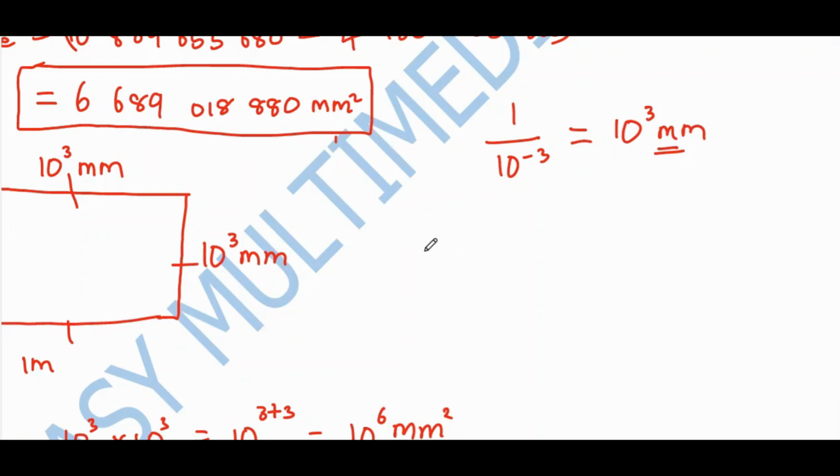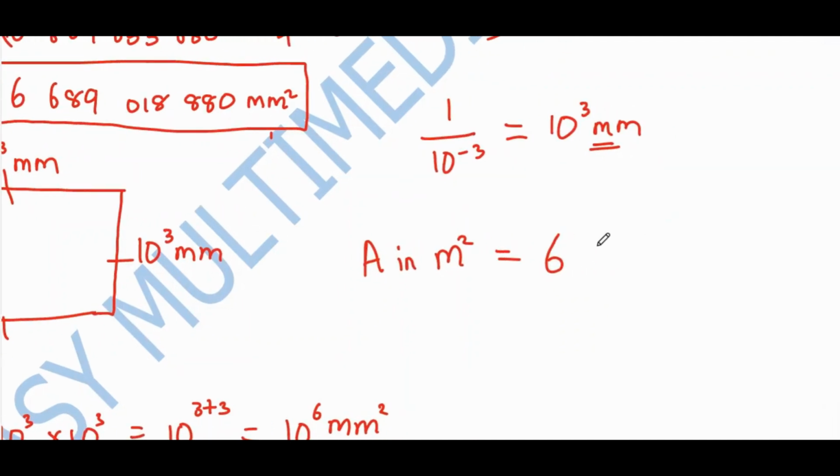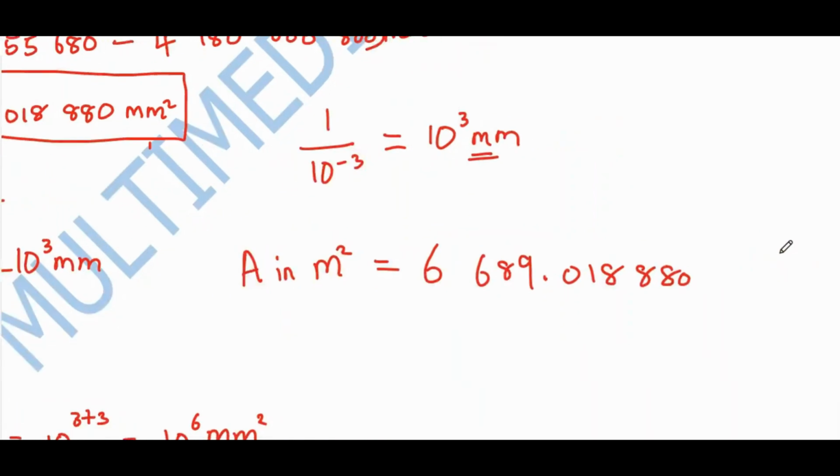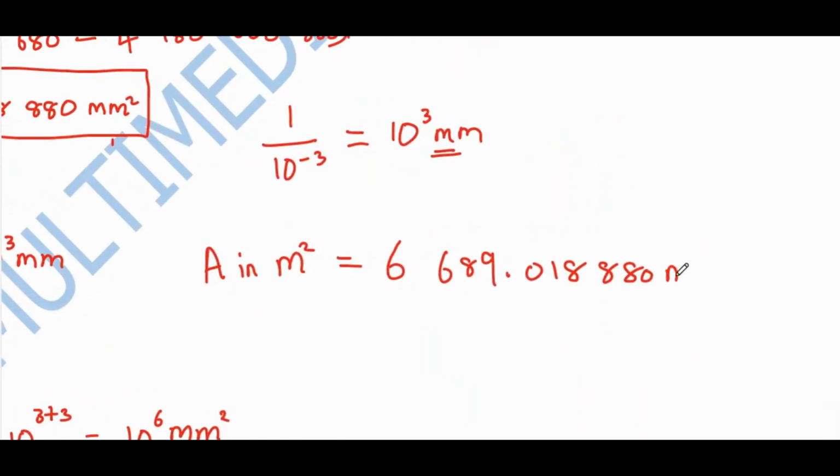You can write area in square meters as 6,689.01880 square meters.